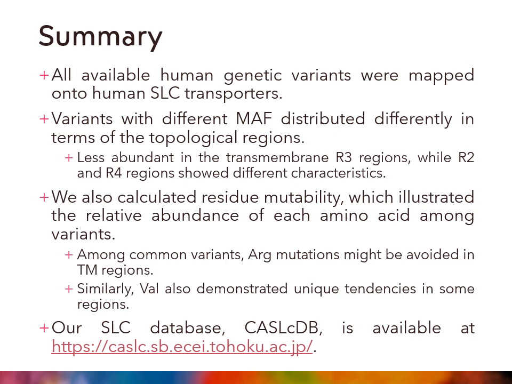And also the residue mutability of each amino acid showed unique characteristics of each amino acid. For example, arginine mutation were avoided in transmembrane regions, while valine mutations were abundant in the transmembrane regions.